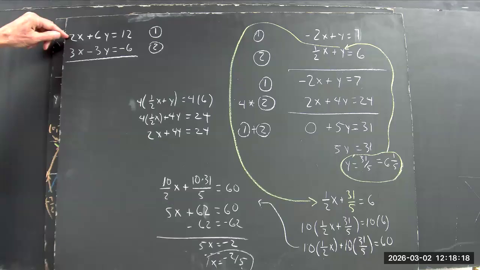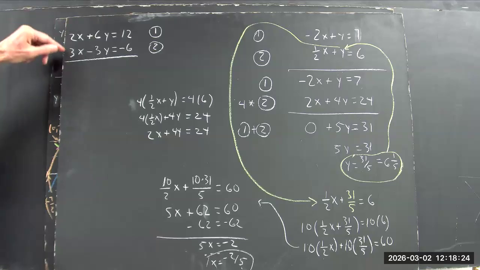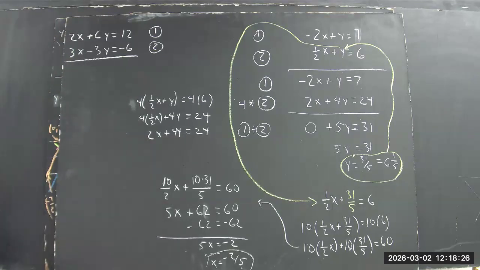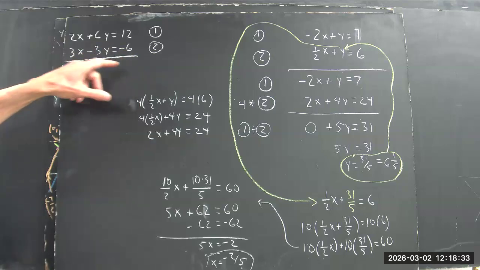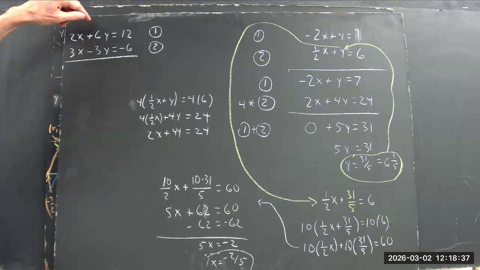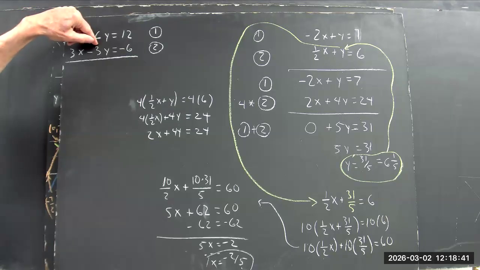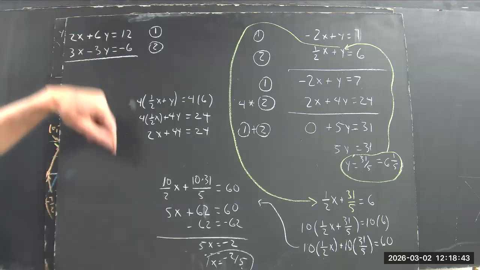Okay, 2x times negative 3 would give us negative 6x. 3x multiplied by 2 would give us plus 6x, and the x's would go away, right? Another alternative, we could just multiply the second equation by 2, and we'd have a 6y in the first equation, and the negative 3y in the second equation becomes a negative 6y.